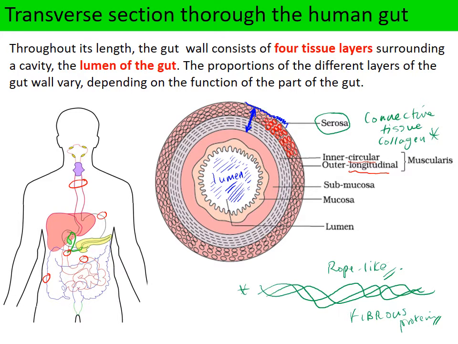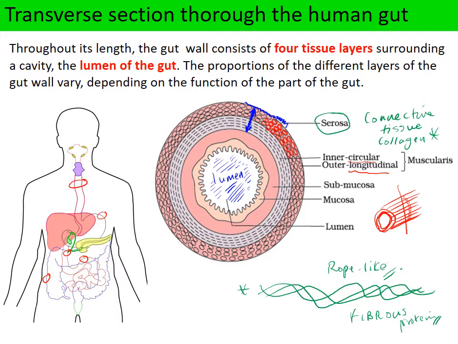Well, that's because this is a cross section. So for example, if we drew the tube going this way, this would be the outer longitudinal layer, and then on the inside would be the circular muscle layer going in this direction. So when we look at a cross section of the longitudinal muscle, it looks like little circles because these are the ends of the muscle fibers.